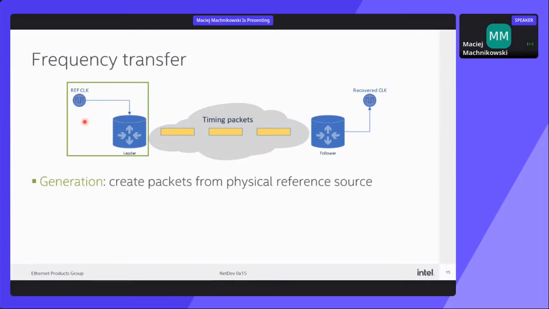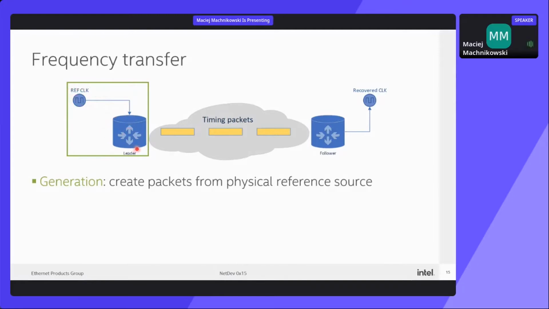We first need to synchronize our source of timestamps to the reference clock, for example, the GNSS receiver or the atomic clock or anything along those lines.